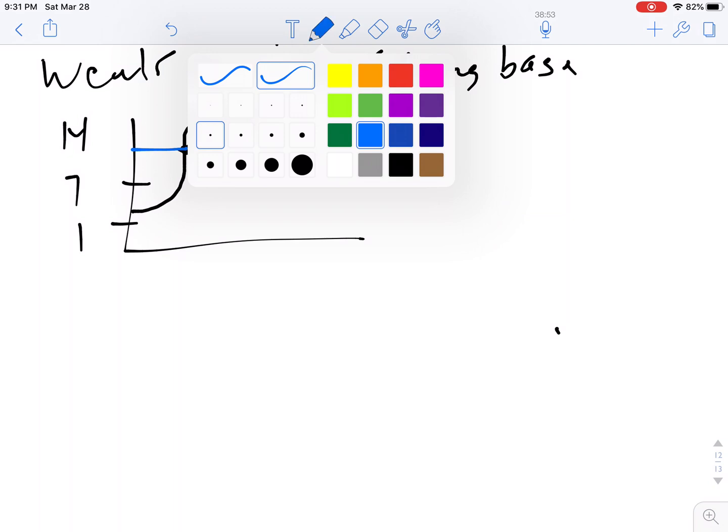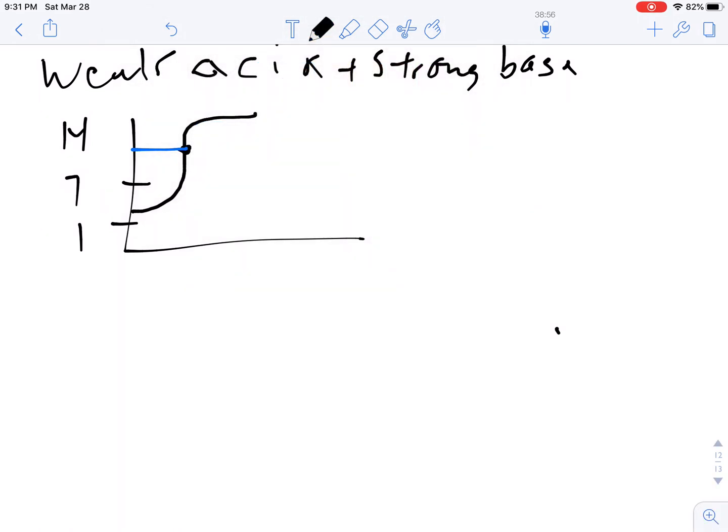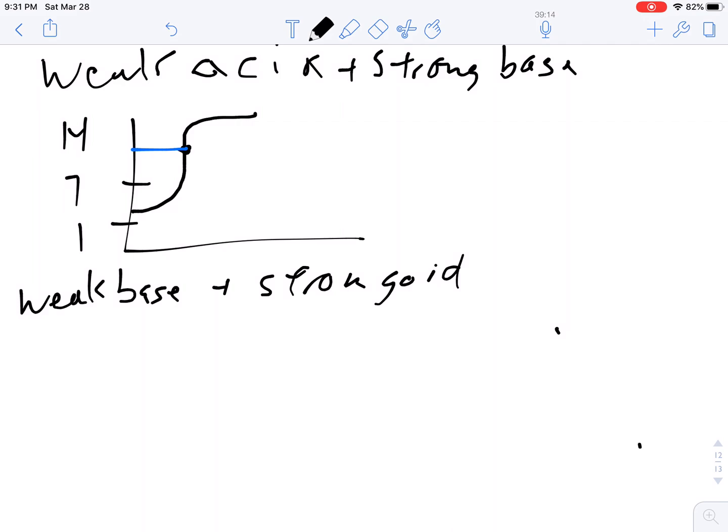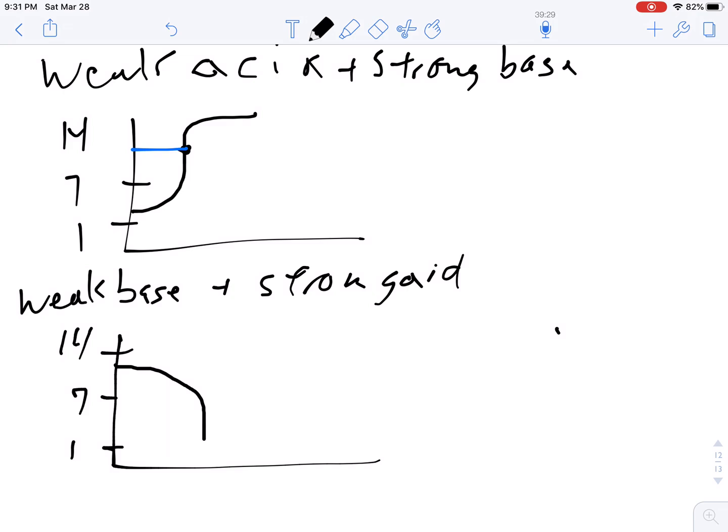If we do the opposite, and we do a weak base with strong acid, it reverses. Think about it. If we're starting with a weak base, our pH would have to start basic, and the inflection point would then be in the acidic region.